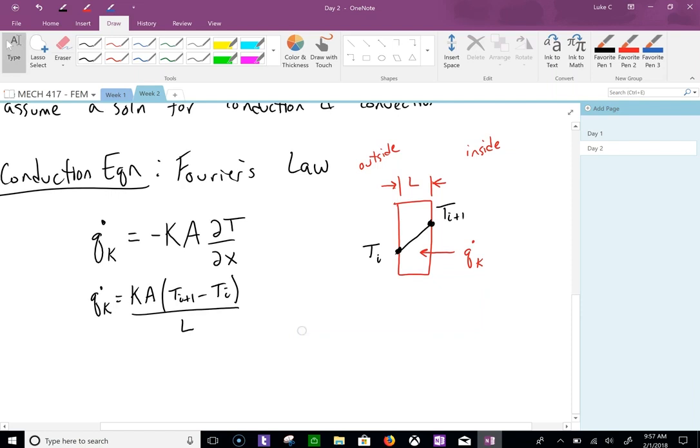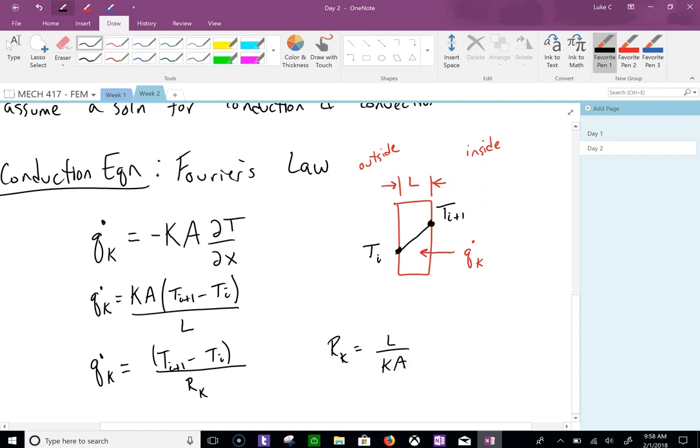Can someone tell me another way we can write that equation I just did above in terms of resistance? Some of you probably haven't had this yet, but R of K is L over KA.